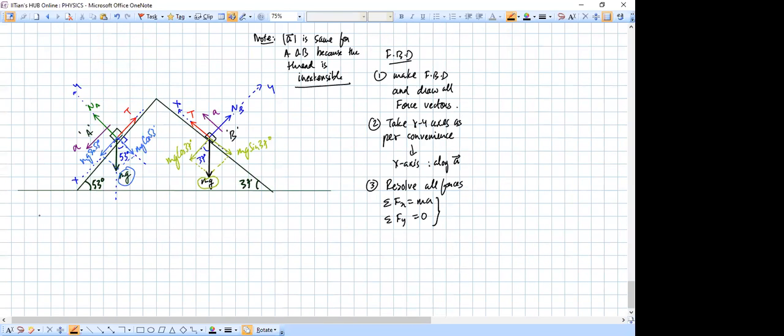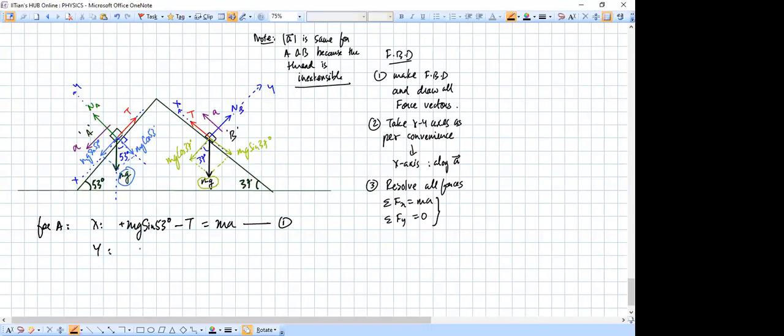Okay. So for block A, along the x-axis, that is down the inclined plane, we have positive mg sin 53 because it's along the positive x-axis, but minus tension because the tension is acting opposite the acceleration. So that is equal to ma. That is equation 1, let's say. And along the y-axis, the forces should balance. There's no motion.